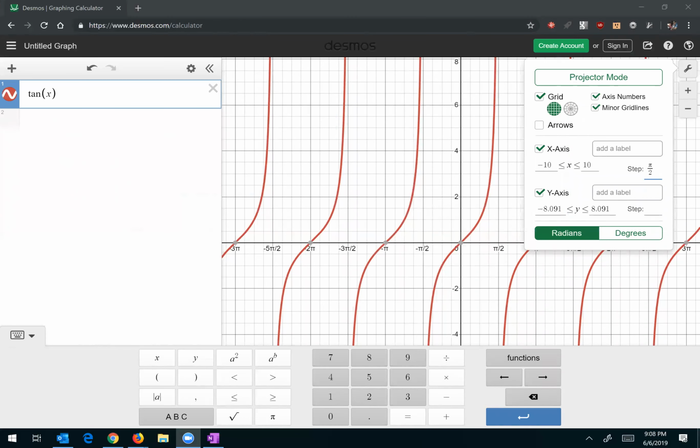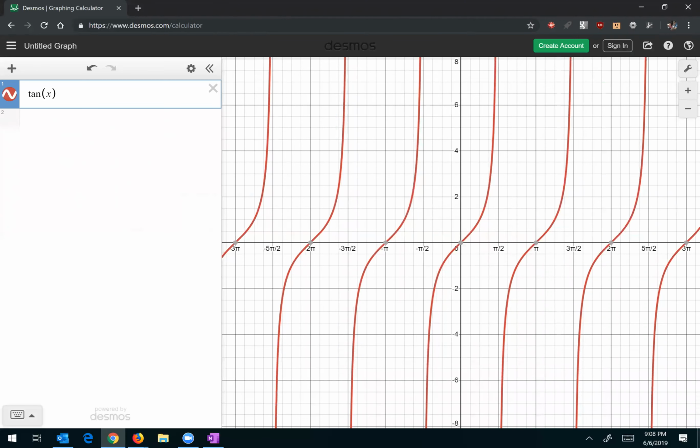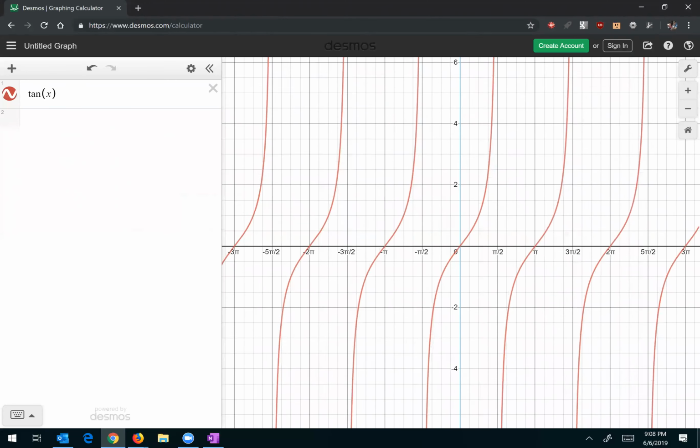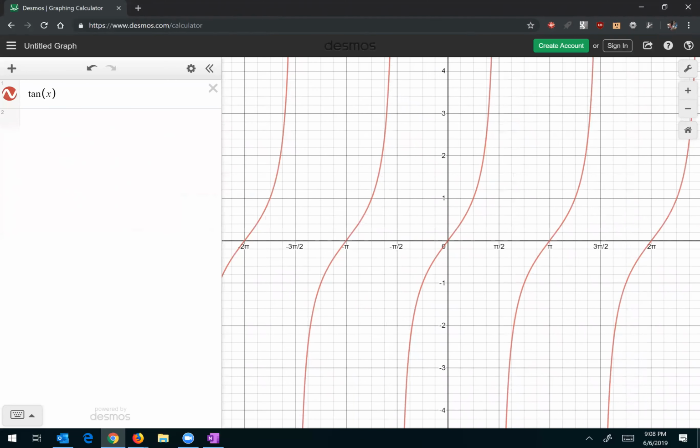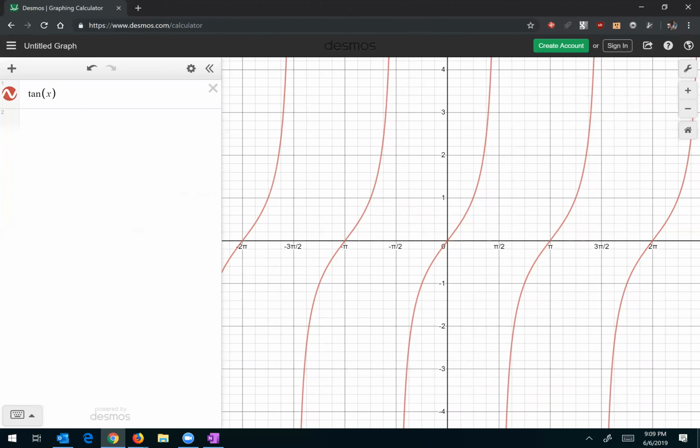All right, so here's my graph of tangent. The things to note about tangent are that it passes through the origin. This is an unshifted tangent graph. It has asymptotes at negative pi over 2 and pi over 2, and that's because it's sine over cosine, and cosine is 0 at those two values.